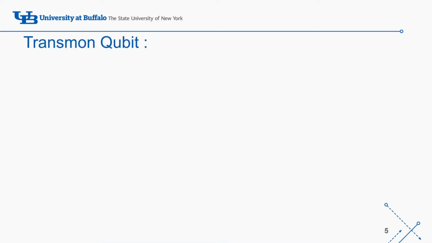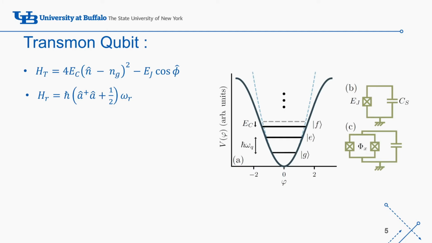Alright, so let me just show you the Hamiltonians of the Transmon qubit and the cavity. If you see over here on the figures, what you see in figure B, that cross sign with a box around it, is our Josephson junction, which is connected to the capacitor.